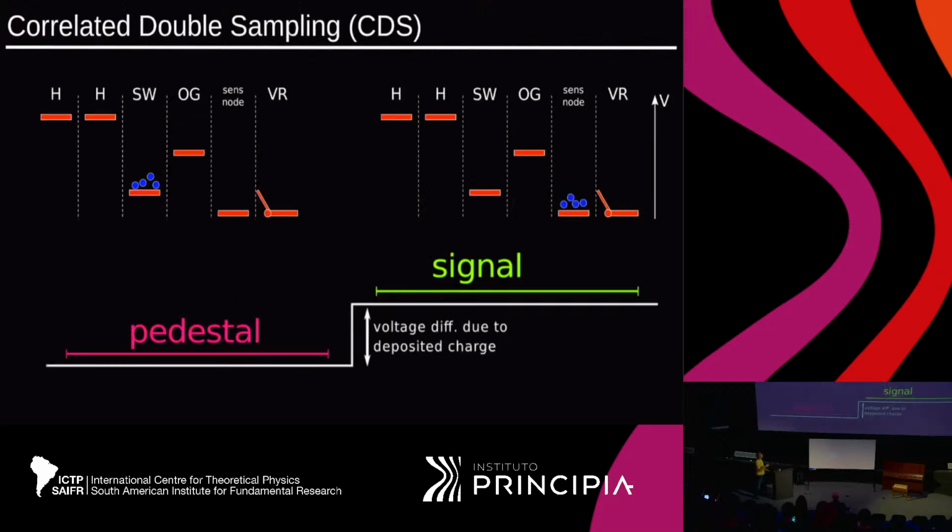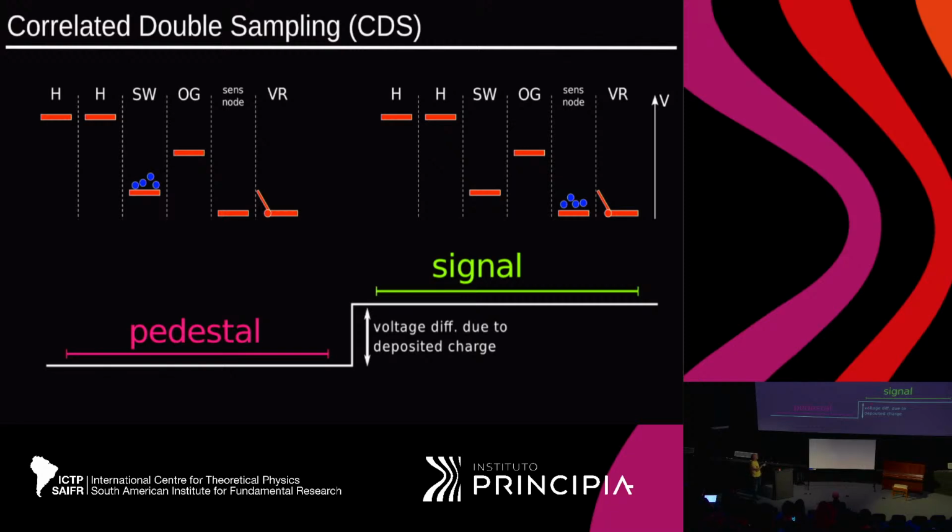Just to summarize, here we measure the sense node voltage when there is no charge in it, and all the fields around this sense node are in a given configuration. Then we move the charge into this thing and put all the other fields in exactly the same configuration. From the change in voltage due to the charge in this capacitor, we get our signal.